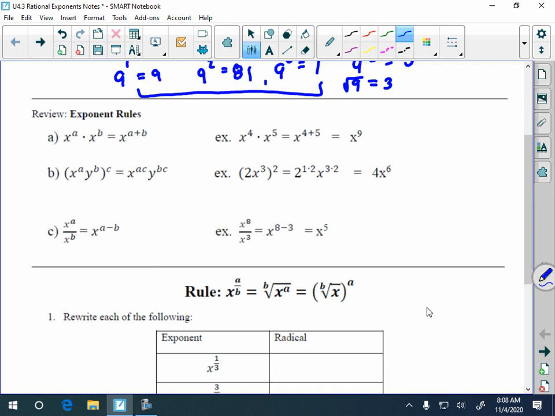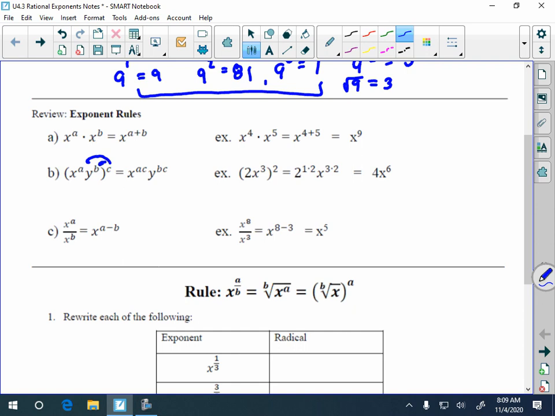Likewise, when we have an exponent that's being raised to an exponent, we can bring our exponent from the outside, bring it to the inside, and multiply. So x to the a times y to the b, all raised to the c power, becomes x to the ac times y to the bc.